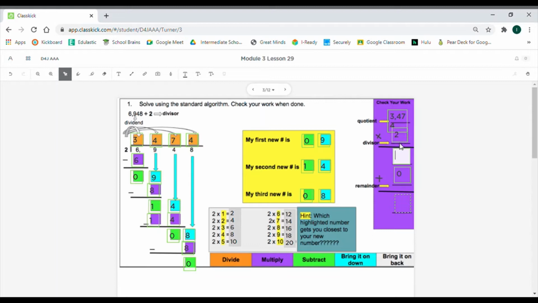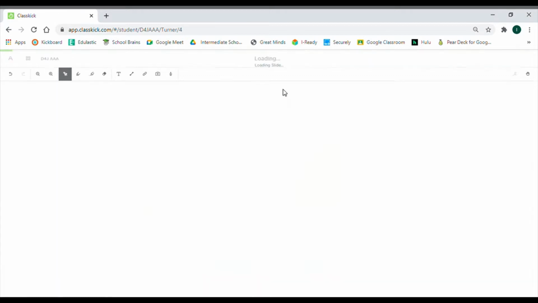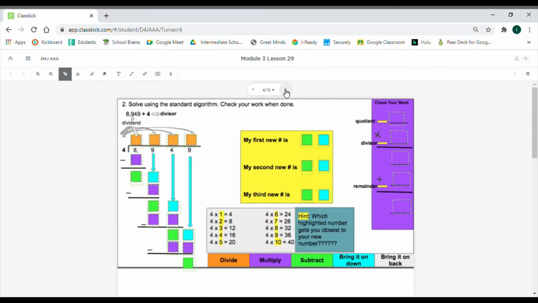Yeah, 3,474 times 2 is actually 6,948. If we add 0 more, our final answer would be 6,948 again. I'm so sorry that my lines are not big enough to put all that on one line, but we're going to keep going and we're going to do another problem together, and then you guys are going to do slide 5 on your own. Here we go.